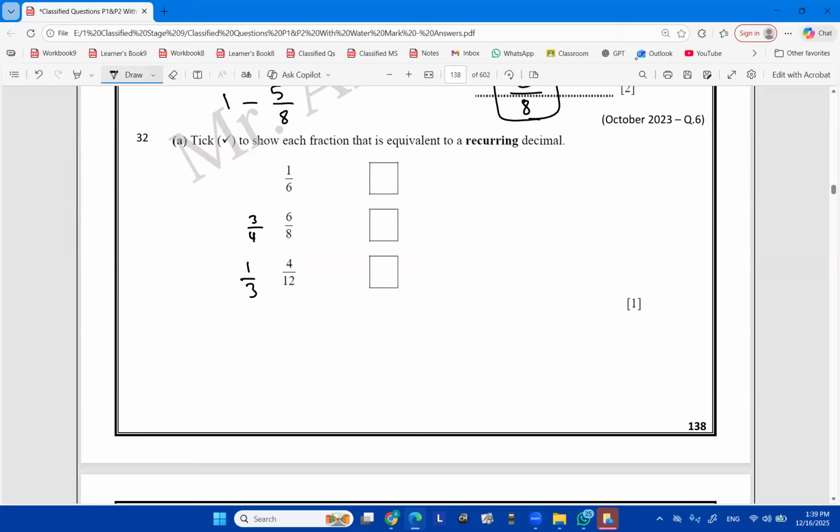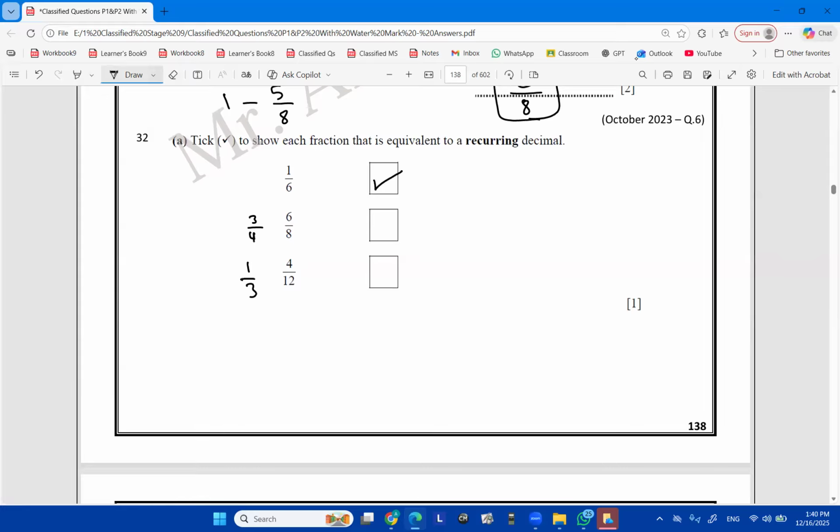Now I test the denominator. Does it have only 2 or 5 as prime factors? No, Mister, 6 and 1 has 3. Then it is recurring. They said tick to show each fraction that is equivalent to a recurring decimal. So this is recurring. Next, 3 over 4.